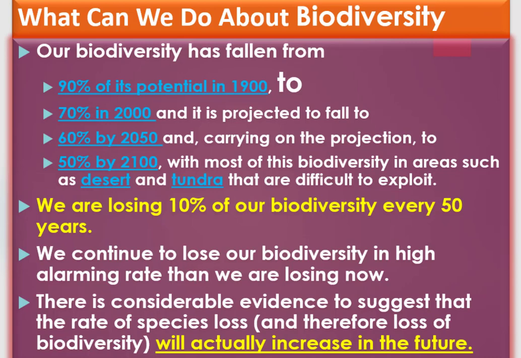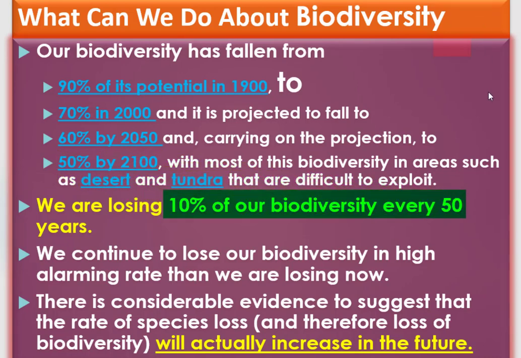Due to certain factors that affect biodiversity negatively, our biodiversity has fallen from 90% of its potential in 1900 to 70% in 2000 and is projected to fall to 60% by 2050, and carrying on the projection, to 50% by 2100, with most of the remaining biodiversity in areas such as desert and tundra that are difficult to exploit.